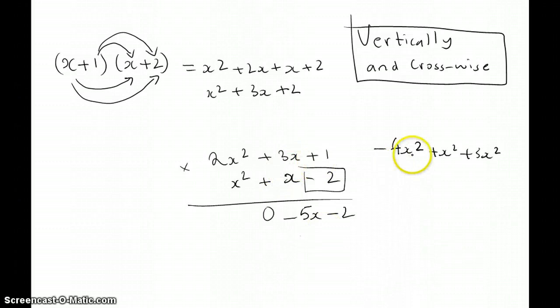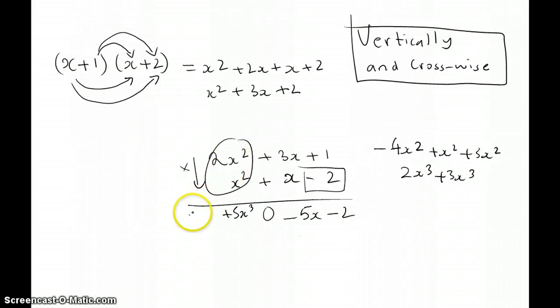And then our next thing is 2x cubed plus 3x cubed. So then we get plus 5x cubed. And then our last step would be 2x squared times x squared, which is 2x to the 4. Now, as you can see, this was very easy.